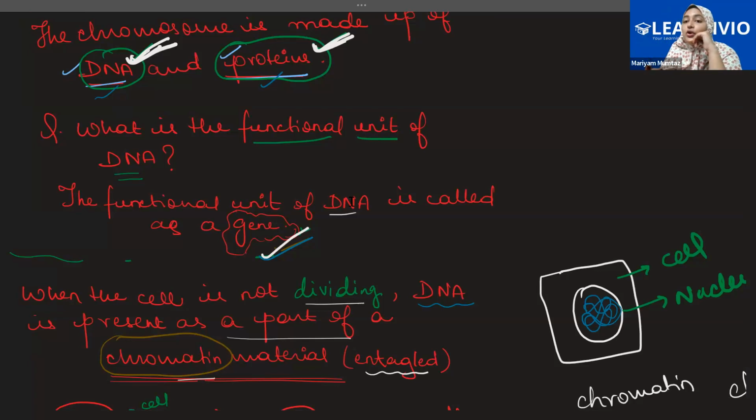Neuron is the functional unit of the nervous system. Nephron is the functional unit of the excretory system. In the same way, DNA also has a functional unit, and that is the gene. Gene is the functional unit of the DNA.